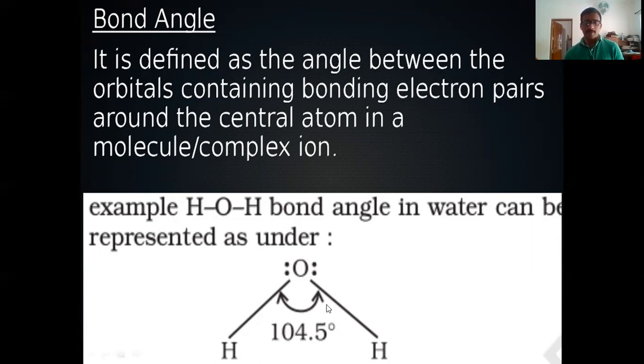Then you represent H2O and show the bond angle in H2O, HOH bond angle, 104.5 degree. It is a simple concept, but when it is asked as a question, you should be able to write it.